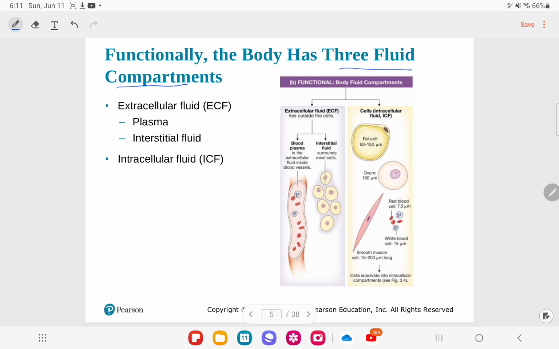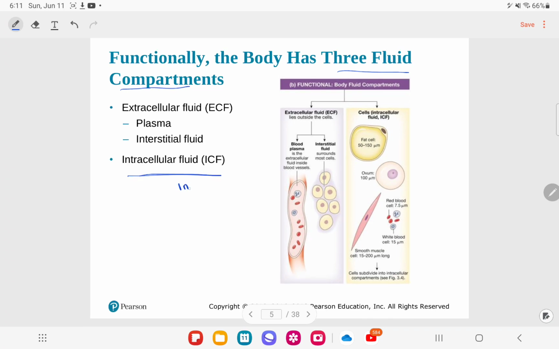And so functionally, the body has 3 fluid compartments. We have intracellular fluid, which is the fluid inside the cell, and extracellular fluid, which is the fluid outside the cell. There are 2 compartments of extracellular fluid. There's interstitial fluid, the fluid that surrounds most cells.